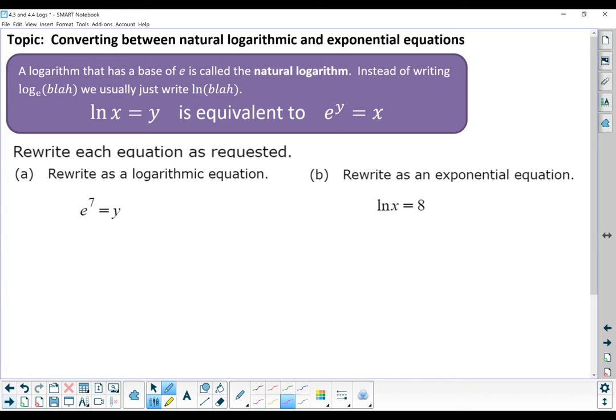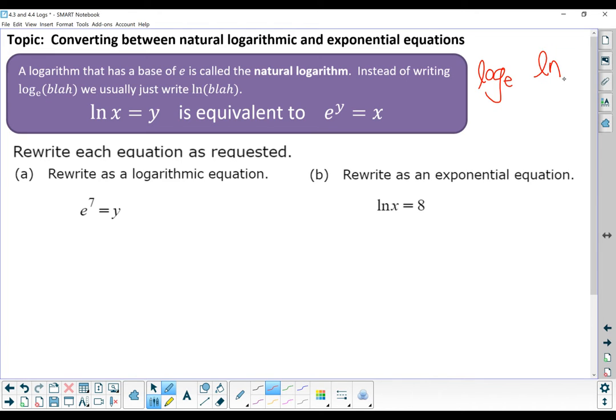All right, the next topic is to convert between a natural logarithm and an exponential equation. You do have the log conversion on your formula sheet, but it doesn't have it separately written as base e. If you have a log that is base e, we usually write that as a natural log.